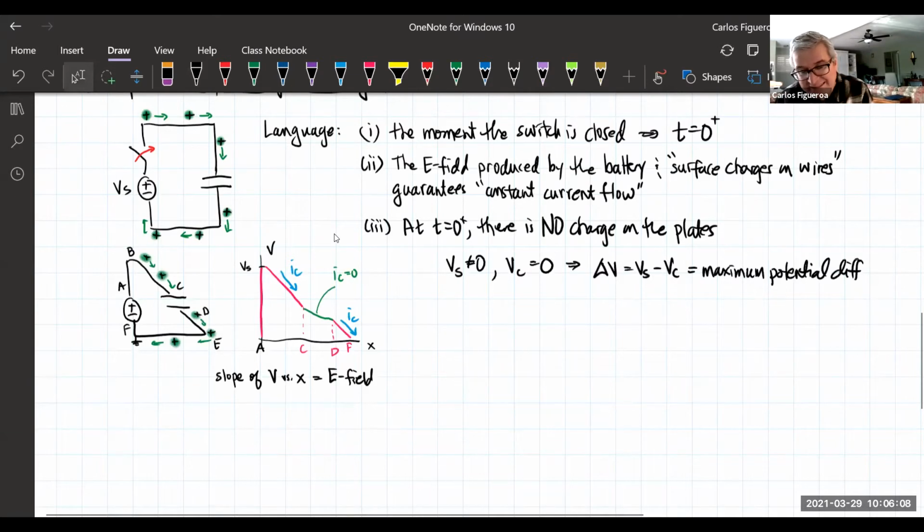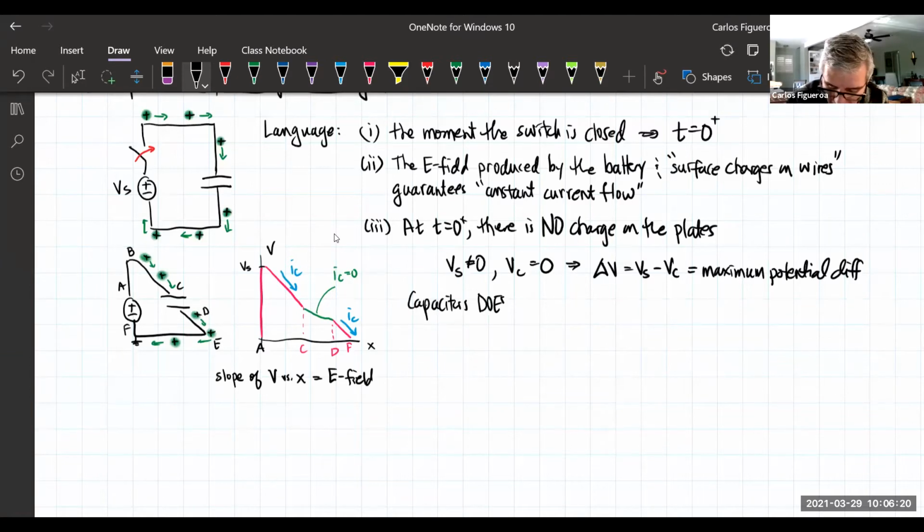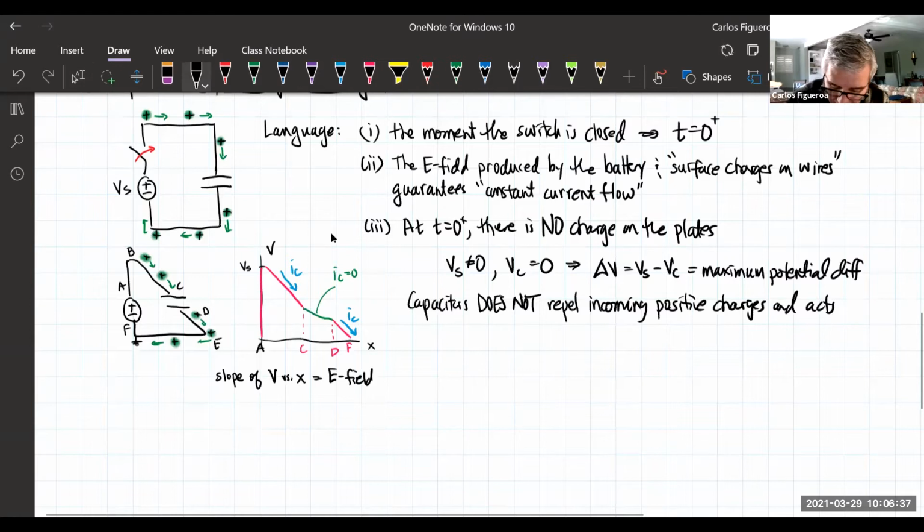And if you have maximum potential difference, then what this really means is that the capacitor does not repel incoming positive charges, and acts like a short.